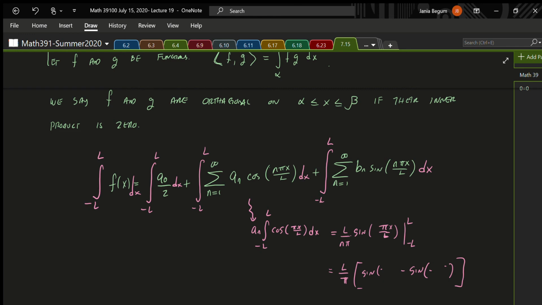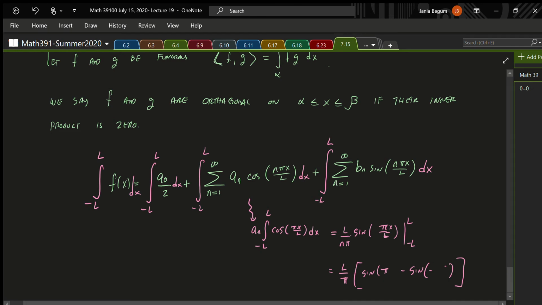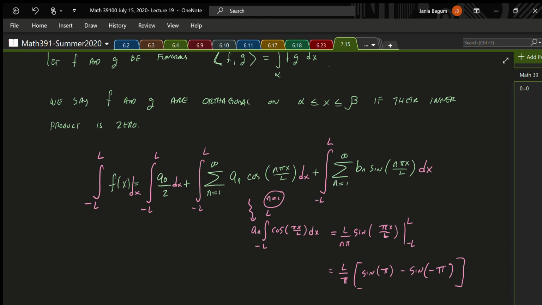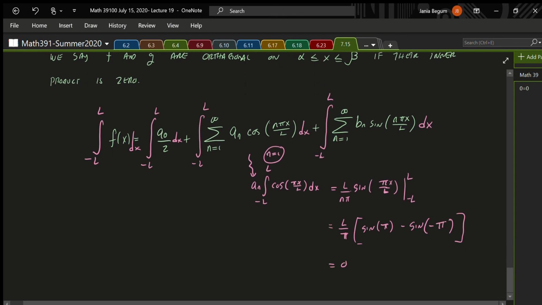In this one we're looking at sine of pi, and in this one sine of negative pi. Again, I'm using n equals 1. What is sine of pi? What is sine of negative pi? That's also 0.